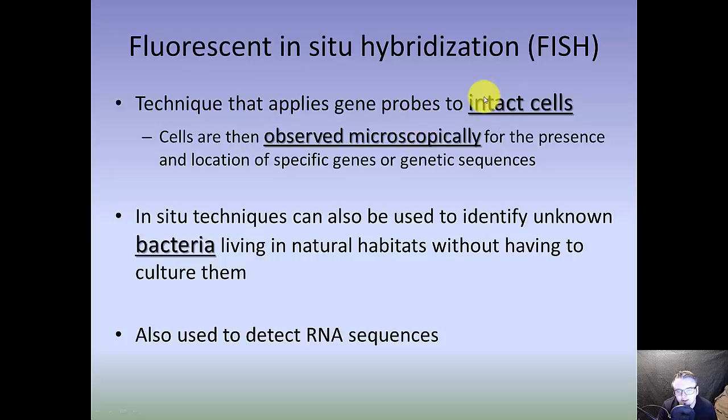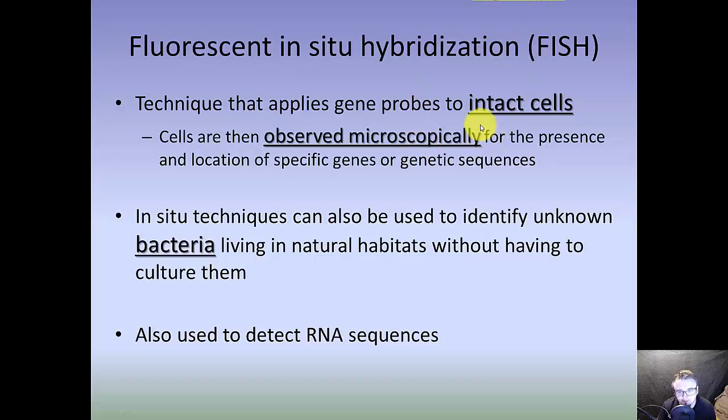And what that does is it takes out a lot of the extra steps that go into separating the DNA from the cells, getting the DNA extracted into the test tubes, running the DNA through gel electrophoresis, all of those steps, again, time-consuming, costly.